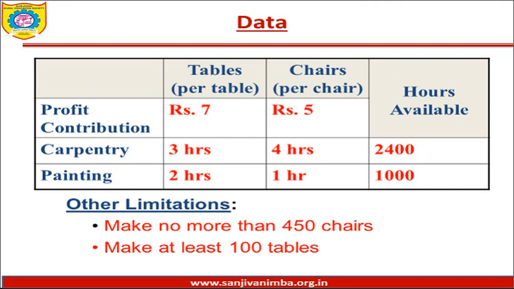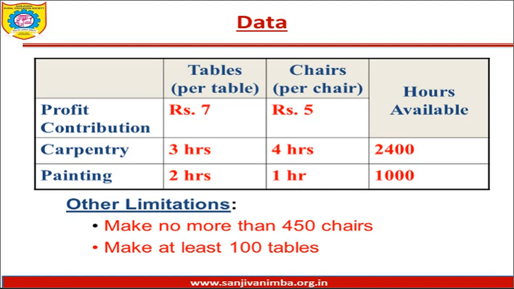The total number of hours available for carpentry are 2400 hours only. Secondly, for manufacturing one table you require 2 hours of painting, and for chairs you require 1 hour of painting, whereas the total number of hours available for painting are 1000 hours.